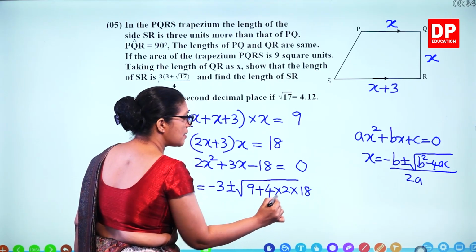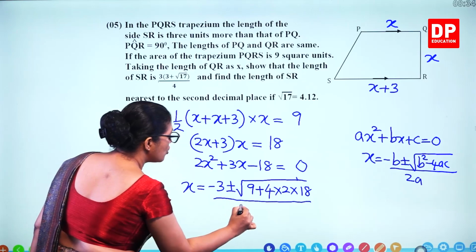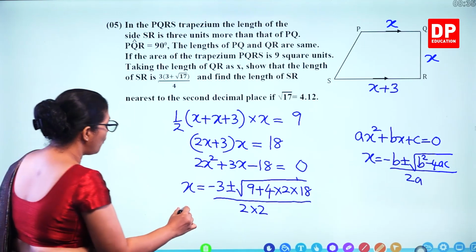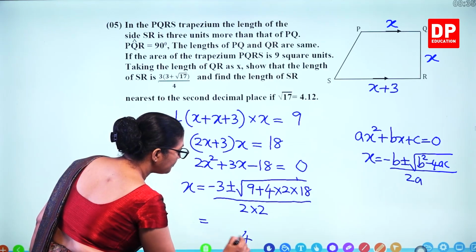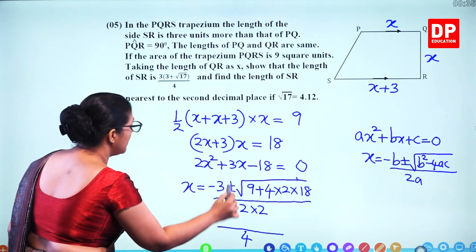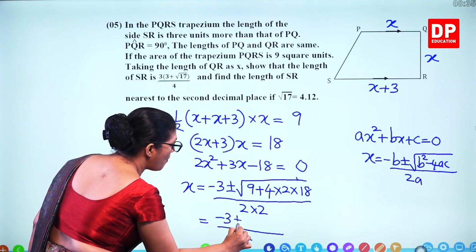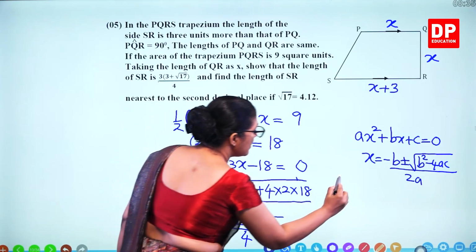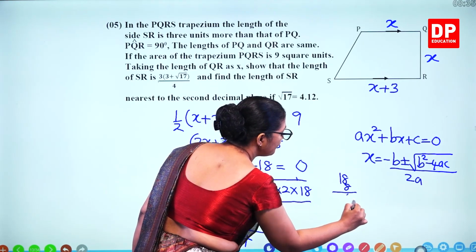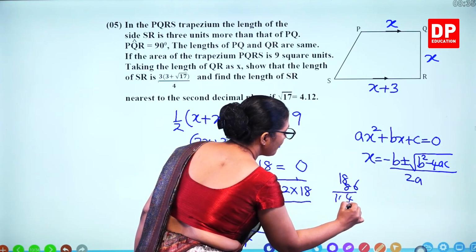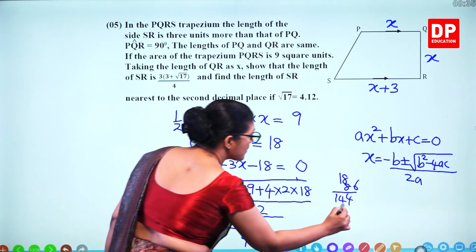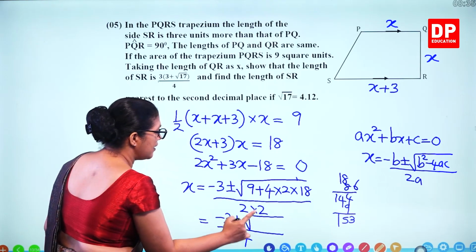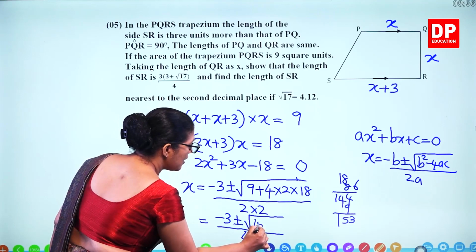That's minus, so this becomes plus, over 2a. a means 2, so you get 4 in the denominator. And minus 3 plus or minus, what do you get inside? 4 times 2 is 8, 18 times 8 is 144, plus 9 is 153. So 153 you get here.